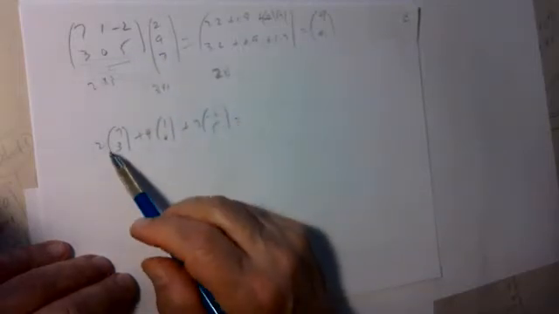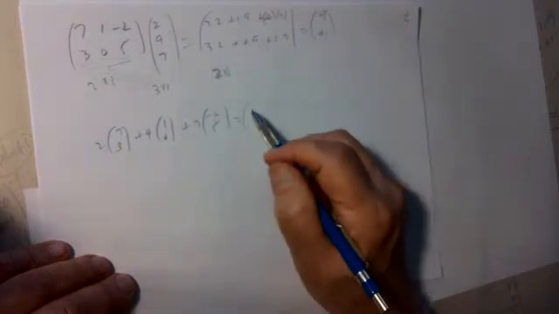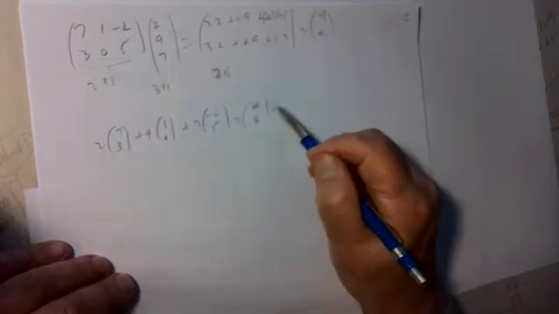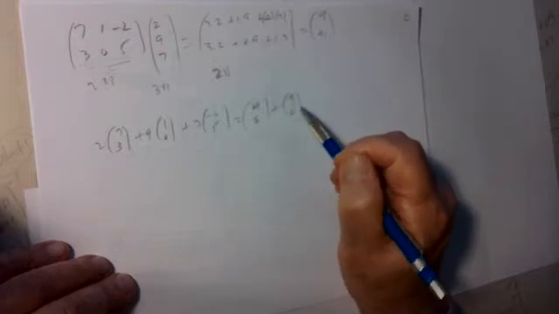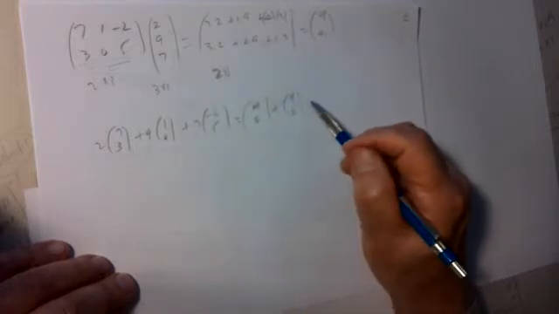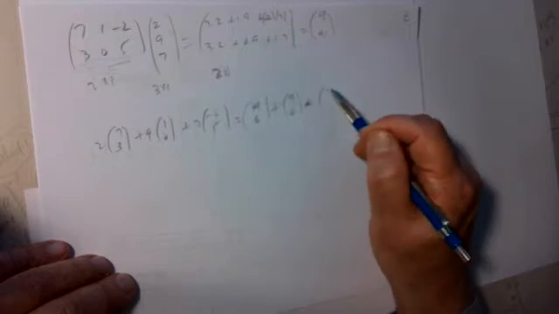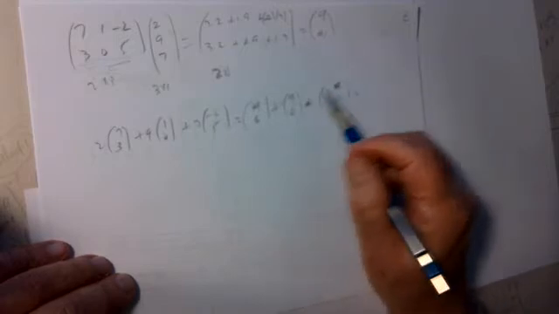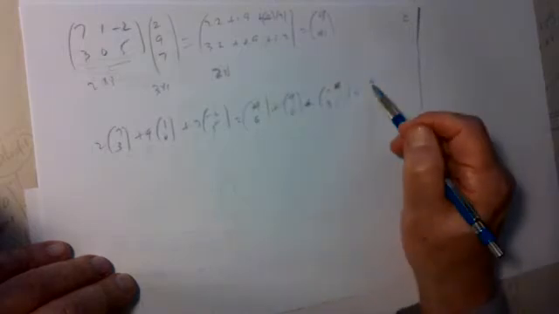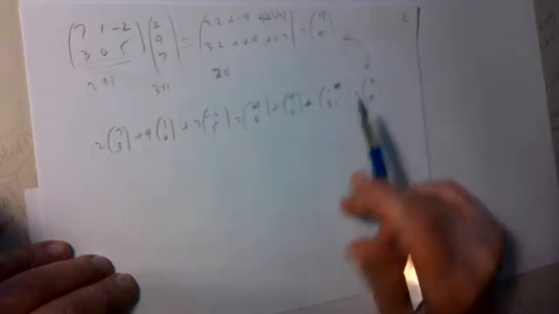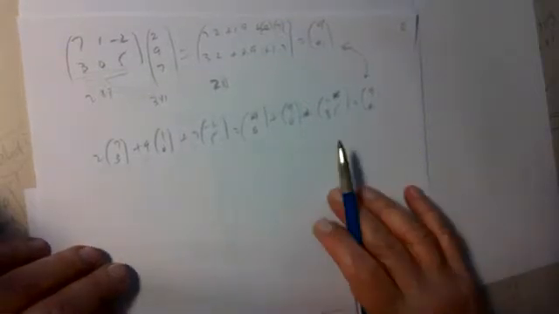See, what is that? 2 times 7, 3 is the vector 14, 6. 9 times 1, 0 is the vector 9, 0. 7 times this vector, this is just scalar multiplication of vectors. This is minus 14, 35. When you add these vectors, you get 9, 41. Exactly the same as that.